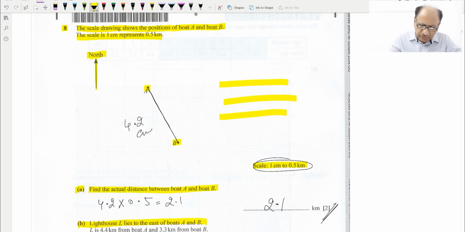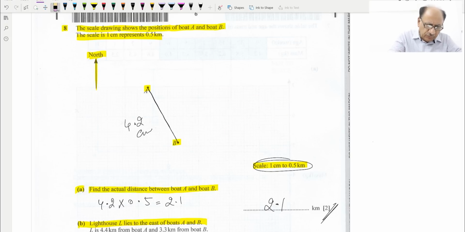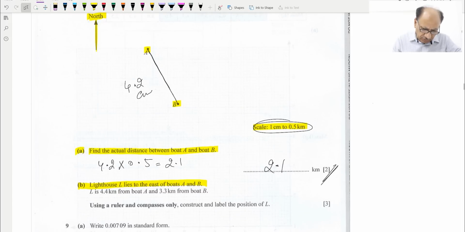So this area they are talking about is the east. Now we need to check for the L, and further in the next line they are saying L is 4.4 kilometers from boat A. When we convert by scale, it will be 8.8.